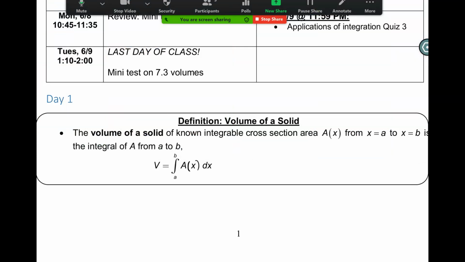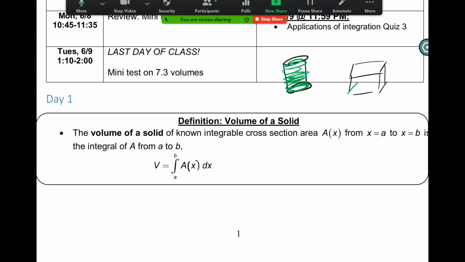If you think about it, let me draw a little solid. What if I have a nice little cylinder? You can take little discs of area, and if I take all these areas and add them together, I'll have my total volume. Similarly, I could have a nice little box here.